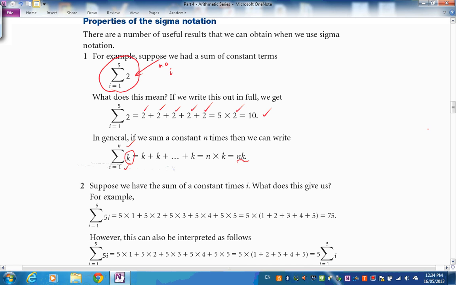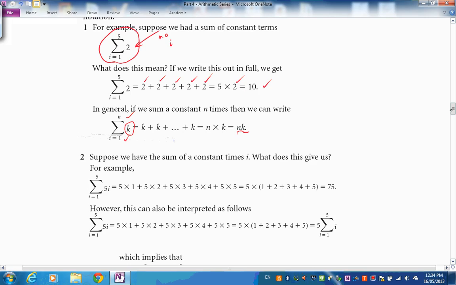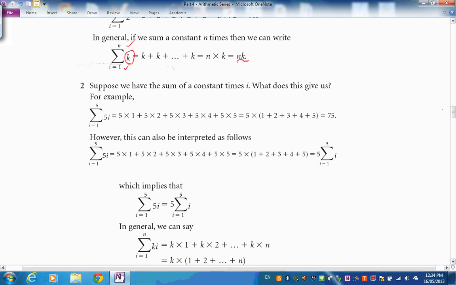Okay, so you don't actually have to write them all out. If we, for example, had 5 times i, now i is obviously varying because i is from 1 to 5. So the first time 5 times 1, 5 times 2, 5 times 3, 5 times 4, etc. So it's the same as this. So therefore, you could write it as 5 times the sum from i equals 1 to 5.